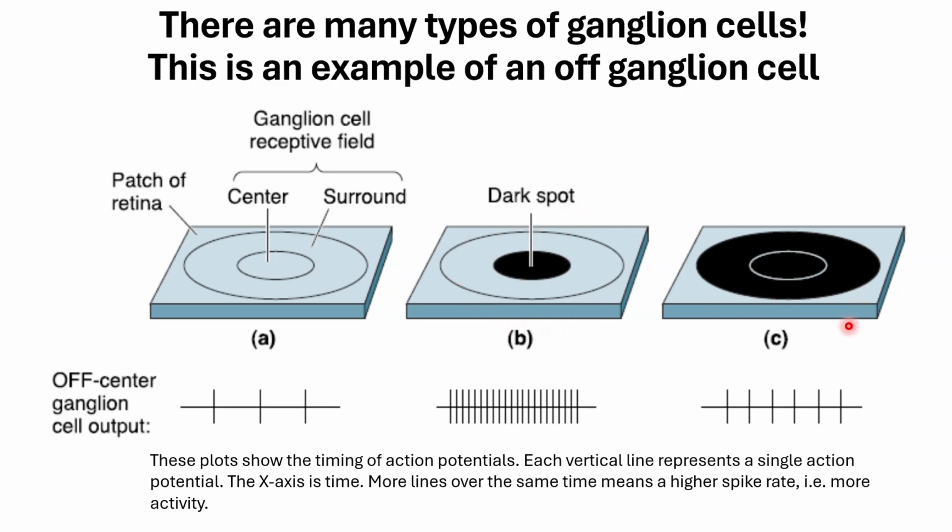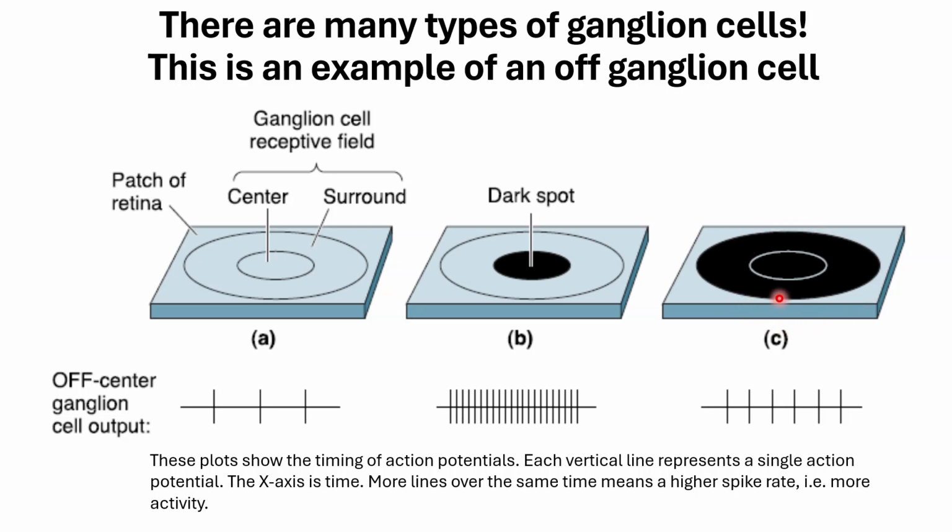And the reason why it's an off center is because if we increase that dark patch, so if we decrease the amount of light past the center, then we actually get an increase in its firing rate. If it's really, really bright in the center, its firing rate is really quite low, if we're talking about an off-center ganglion cell. If we turn off the light in the center, it increases its firing rate.